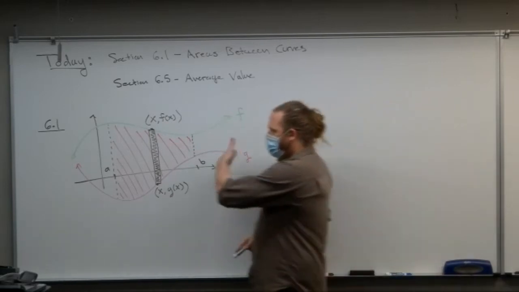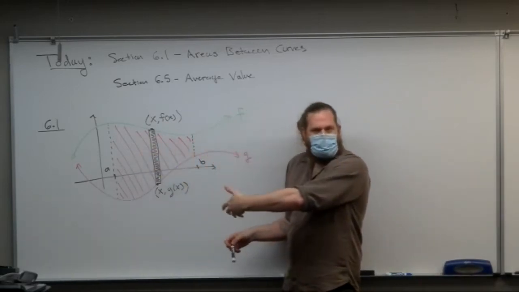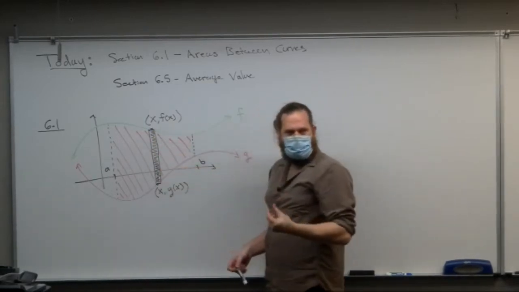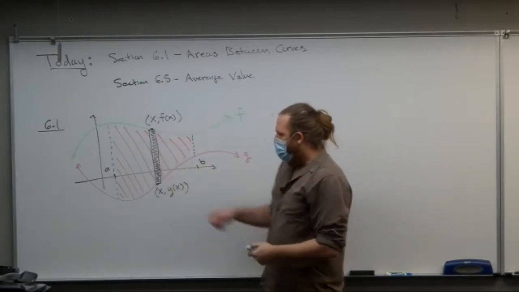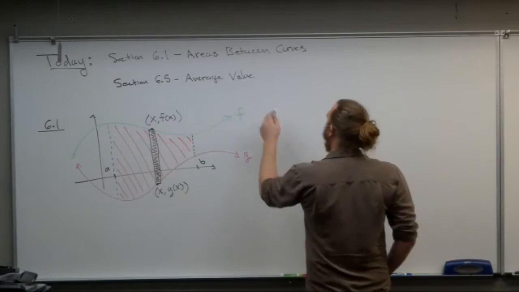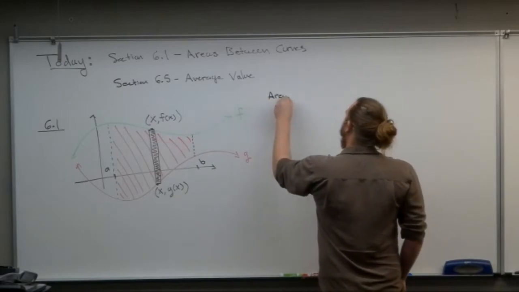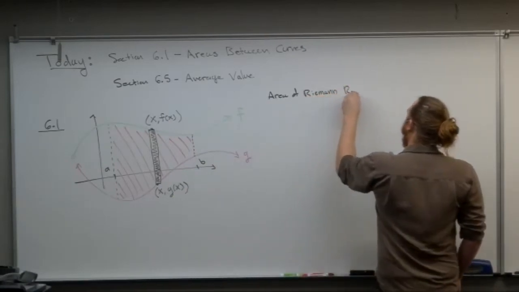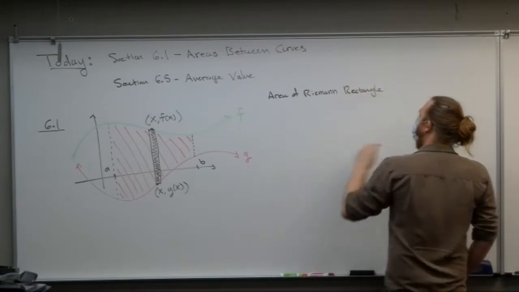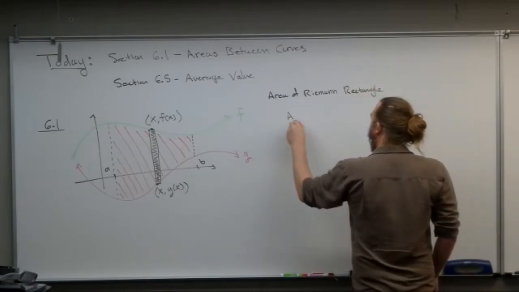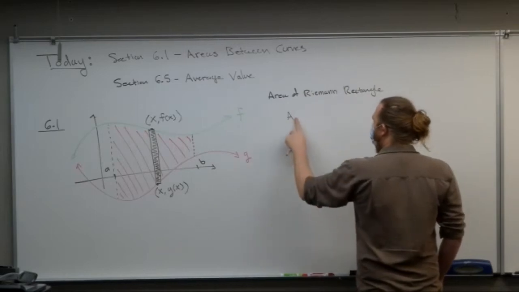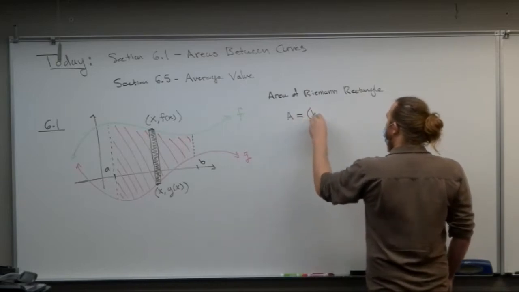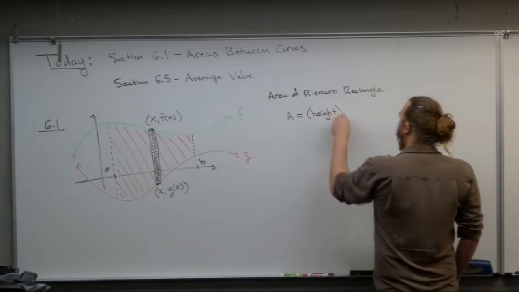If you think of having a lot of these little rectangles in here, you could construct a Riemann sum. The width of each rectangle we'd normally write as delta x, but in the limiting case, we call it dx. The height of each rectangle is the thing that changes here. So the area of the little Riemann rectangle, call it A, is the height times the width.